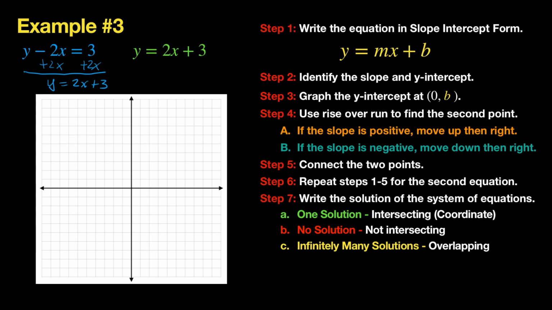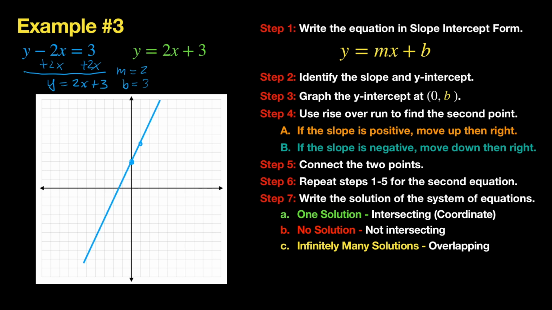The slope of this one is going to be 2, and the y-intercept is 3. So we're going to start at 3. That is going to be our first point. And now we're going to go 2 units up from that point and 1 unit to the right. And now we connect those 2 points.